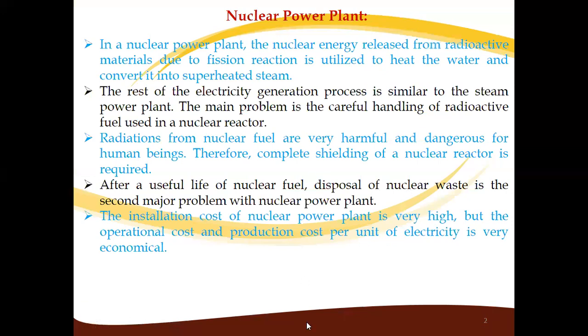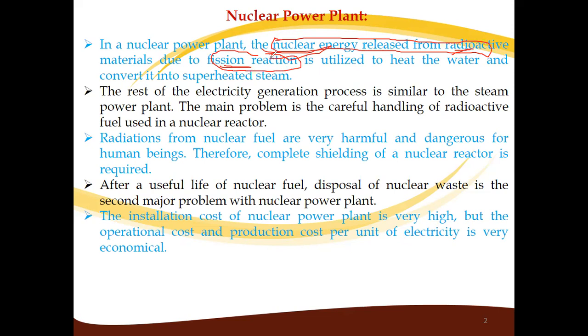So in a nuclear power plant, the nuclear energy which is released from radioactive materials or radioactive substances due to the nuclear fission reaction is utilized.